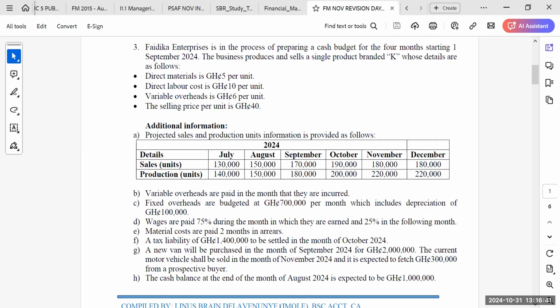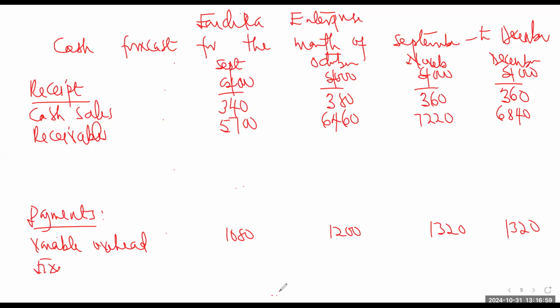Let's come here. Fixed overhead are budgeted at what? 700,000 per month, which includes depreciation of 100,000. So what will be the cash fixed overhead every month? 600,000. So we are paying 600,000 every month. Depreciation is a non-cash item.